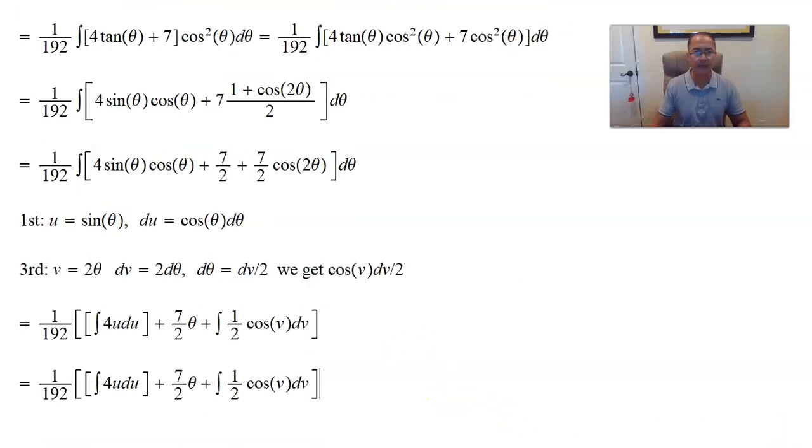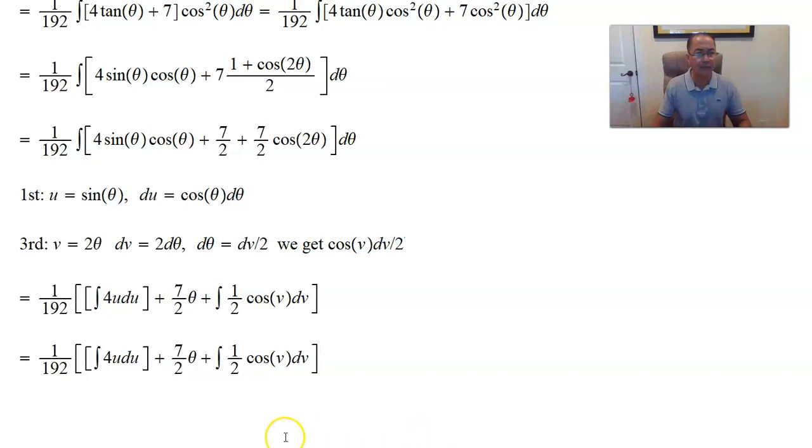If you're doing this on your own, it will be a good idea to complete the integration and then assemble it all together. Our first integral, you'll get u squared over 2, so you will simply get 2u squared. And for the last one, we will get 1/2 sine of v. The integral of cosine is sine, yes. So that is 1/2 of sine of v.